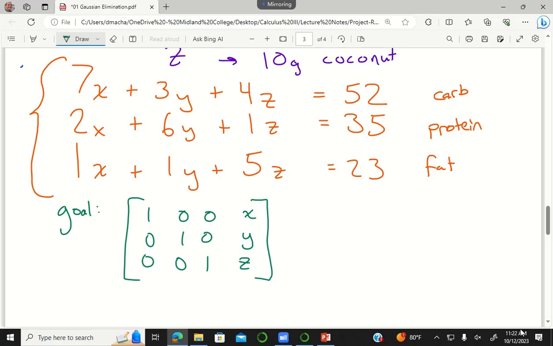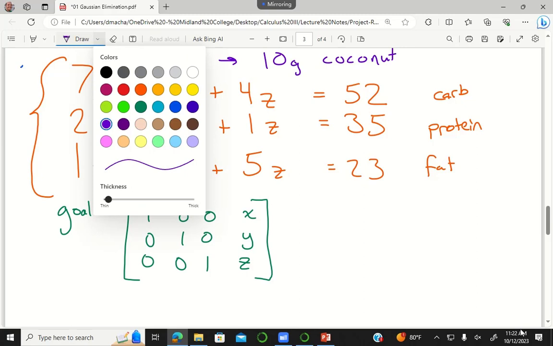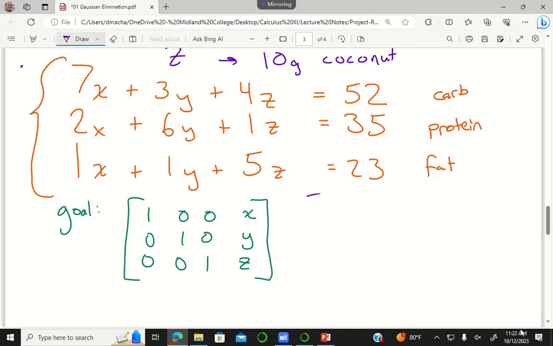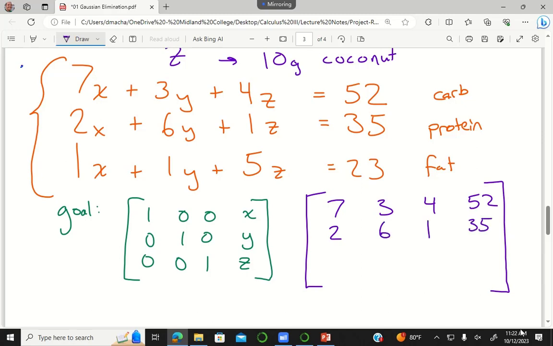Okay? And with that goal in mind, we're going to go ahead and write the augmented matrix for this system. So my augmented matrix is going to look like 7, 3, 4, 52; 2, 6, 1, 35; and 1, 1, 5, 23.